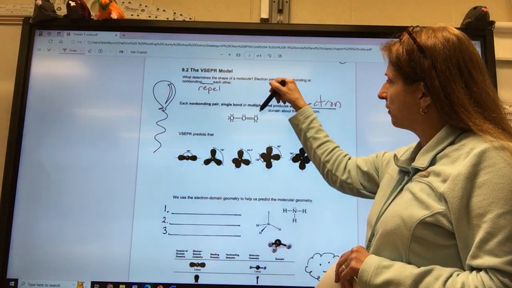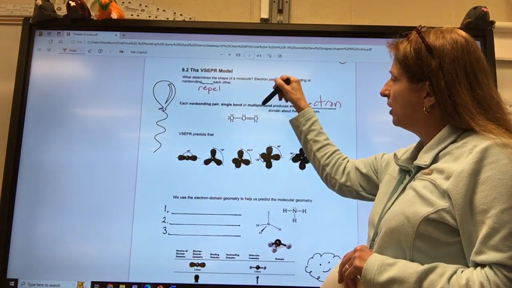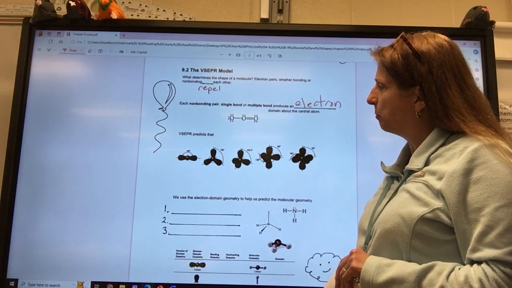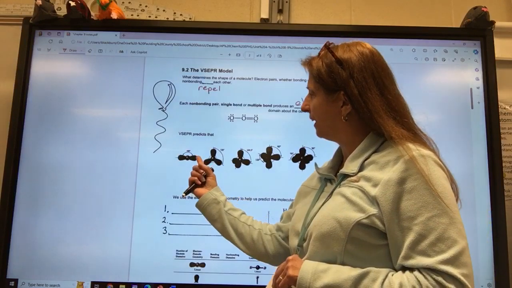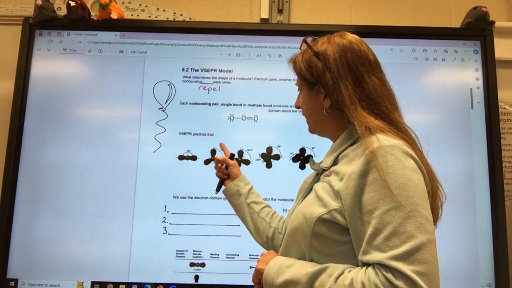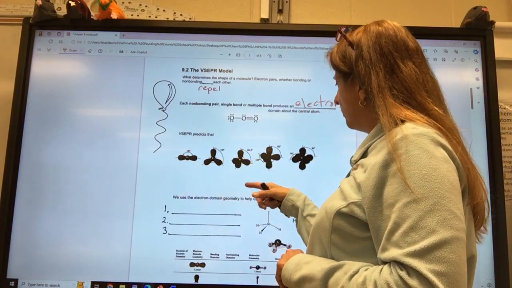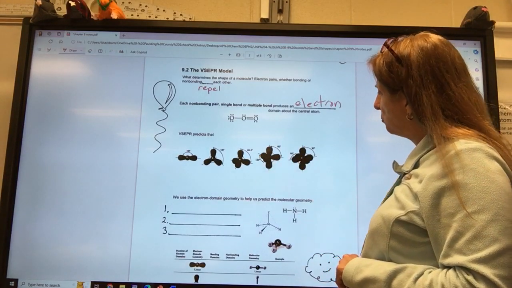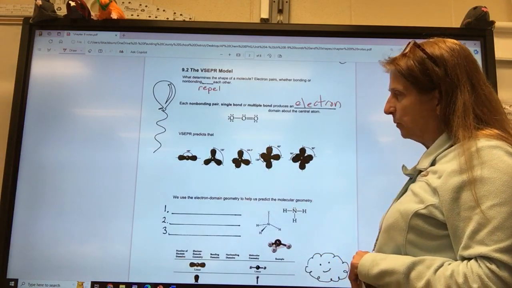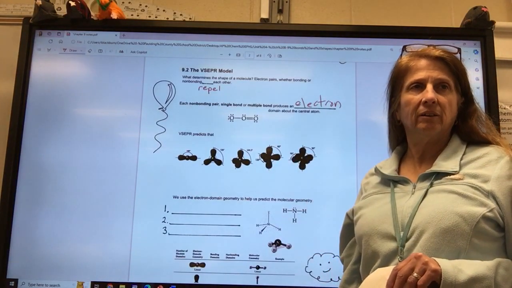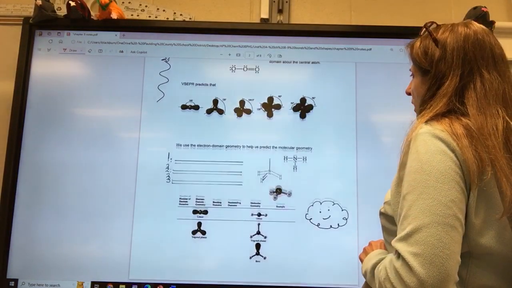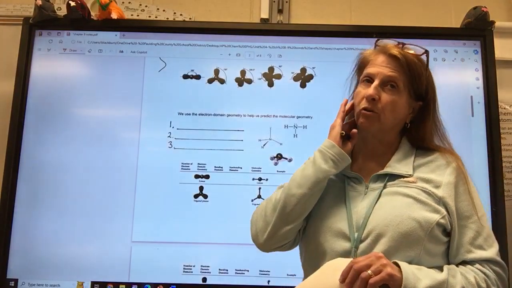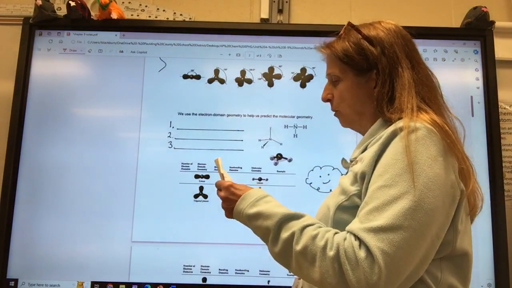And then over here, this one's got three also, two unshared pairs and then the double bond. Okay, so this is how VSEPR predicts, and we already looked at it, that here we've got 180, 120, 109.5, 90 and 120, 90, 90, and we looked at the other one. Not hard, is it? So you do have to memorize for the AP test these numbers and the names.